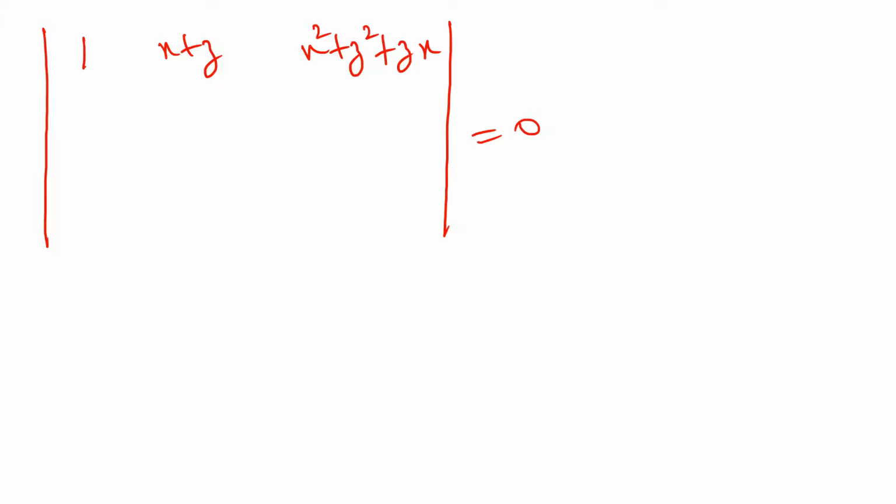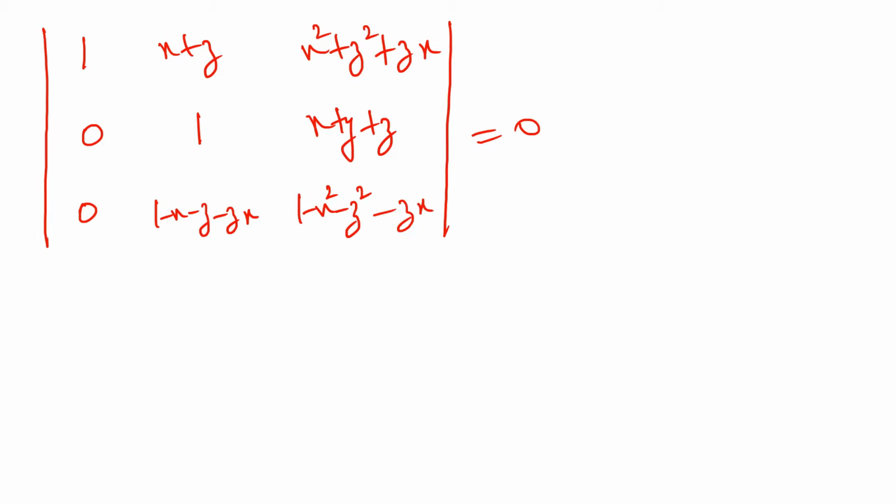So that means now we'll be getting 1, then x plus z, then x square plus z square plus zx in the first row of the determinant, and in the second row we'll be getting 0, then 1, then x plus y plus z, and in the third row we are going to get 0, then 1 minus x minus z minus zx, and the last element is going to be 1 minus x square minus z square minus zx minus zx square and minus z square x. Fine.